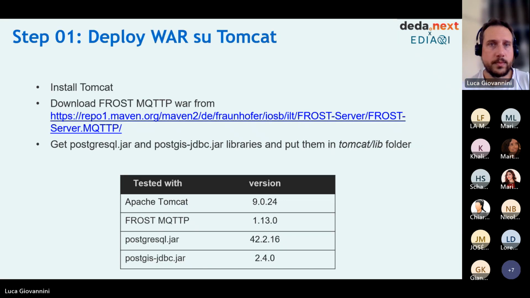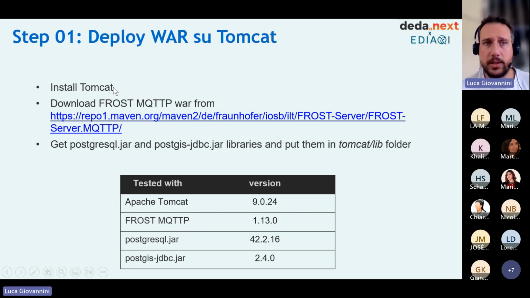So, first step is to deploy the WAR file, the package for Frost server, to Tomcat. Here I tried to briefly summarize the steps so that you can use this presentation as a reference guide if you want to.